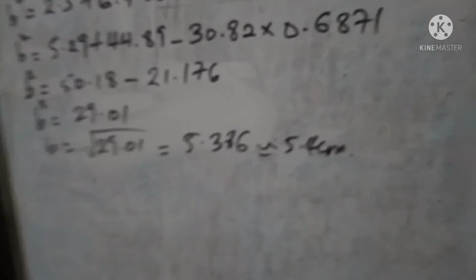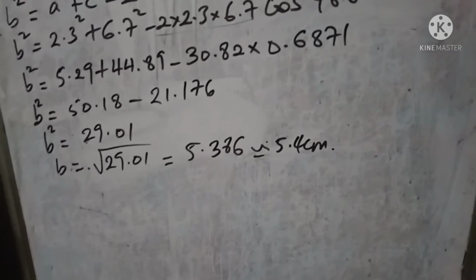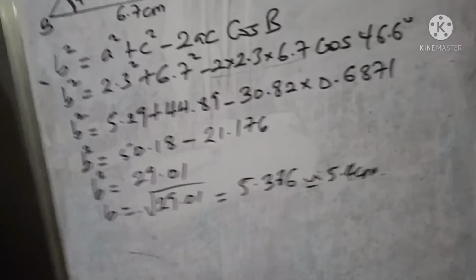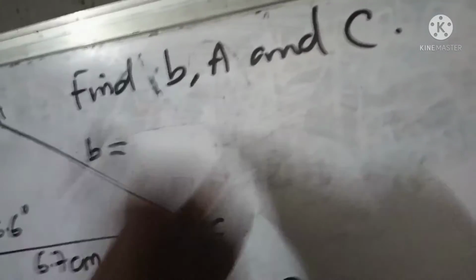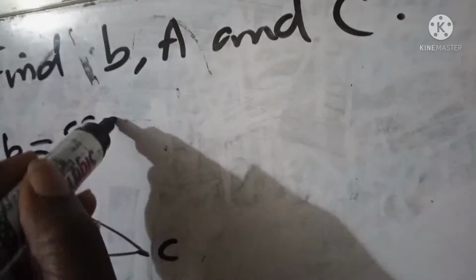So we have gotten a value for B. Now that means we correct what we have here. It's not 4.6. Take note: 5.4 centimeters.